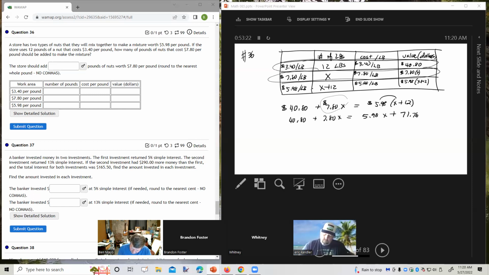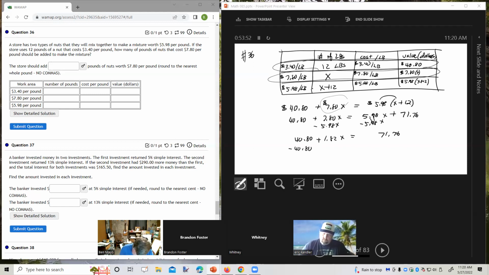I'm going to put all the x's on the left, so I'm going to subtract 5.98x from both sides. So I get 40.80, and over here I get 71.76. And let's see, 7.80 minus 5.98 is 1.82x. Okay.